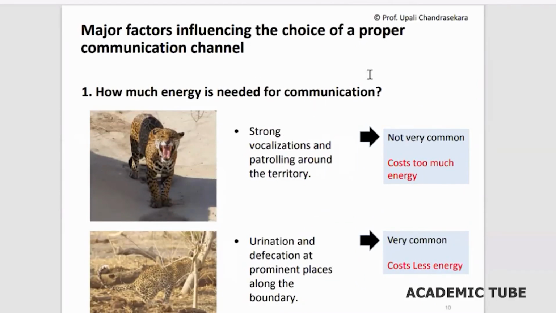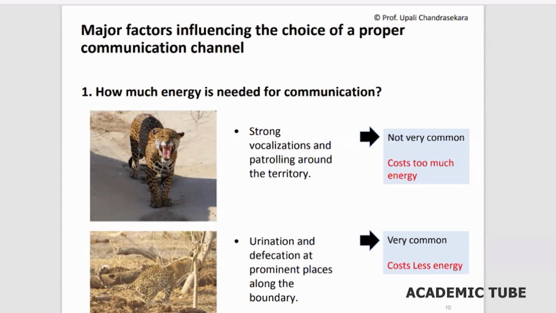This is a part that is highly important. All the other parts are also important, but the information that you are going to learn under this will help you to understand why and how animals select the proper communication channel.